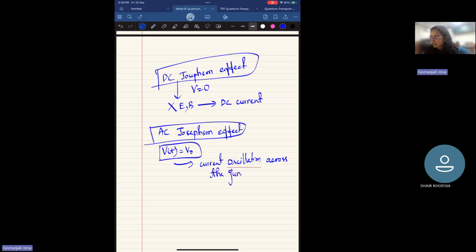If you apply a DC voltage, we see AC current. This is what we call the AC Josephson effect.